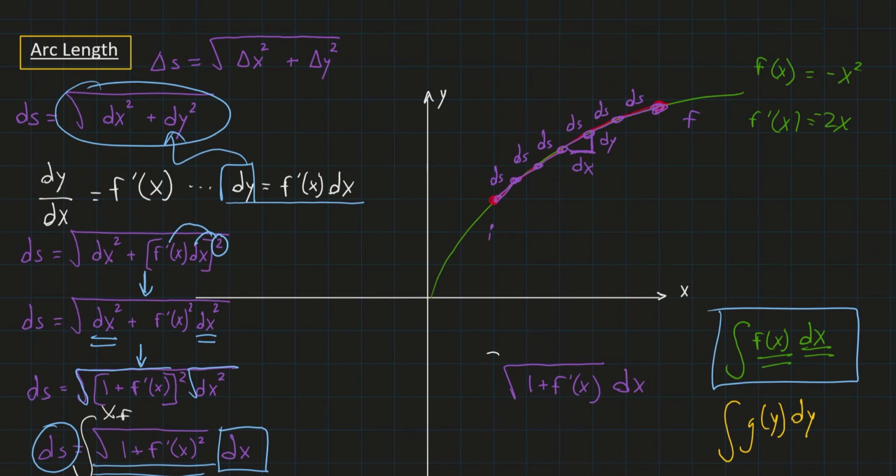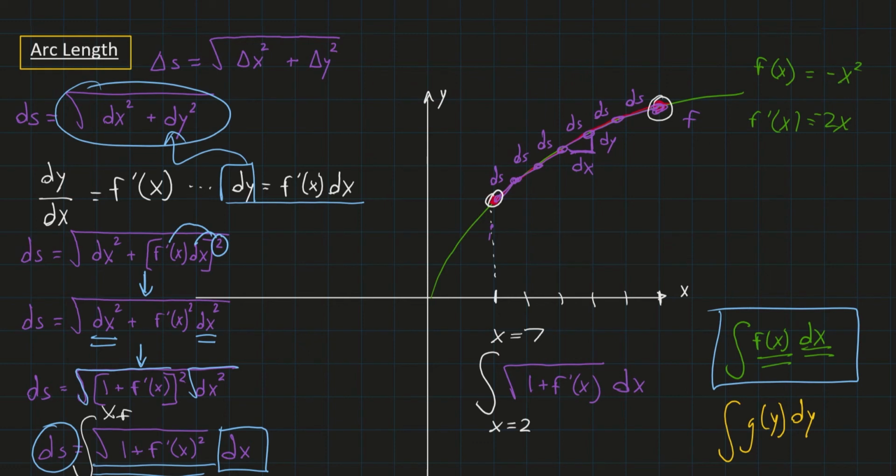I would want to add up all of these little distances ds. Starting at this one right here, well, what's the x-coordinate of that starting point? Well, that's going to be x is equal to 2, 3, 4, 5, 6, 7. So our ending point is here. The x-coordinate of that guy is 7.